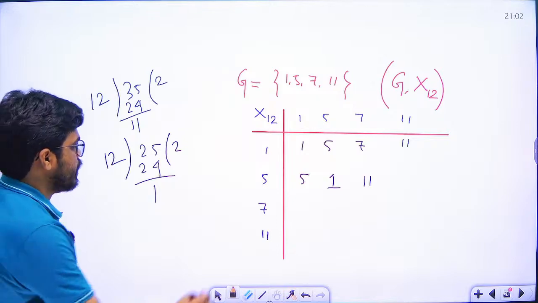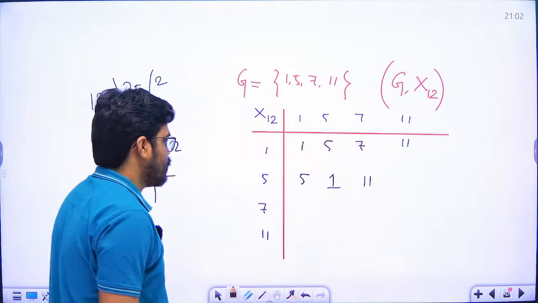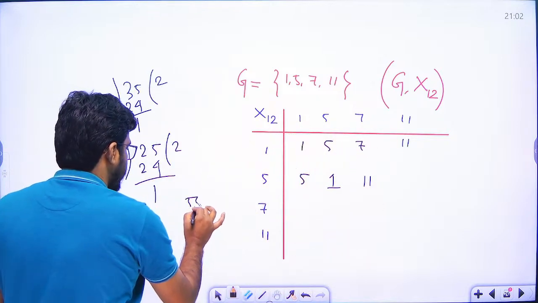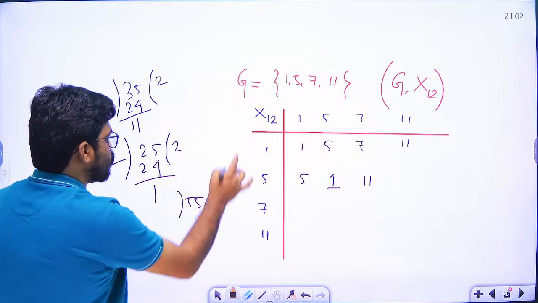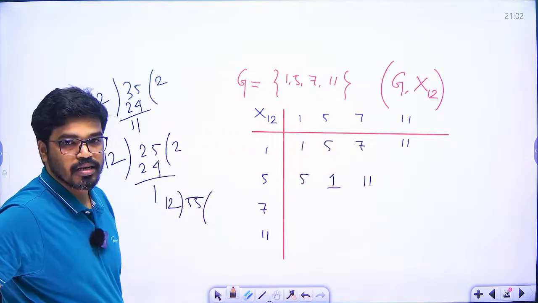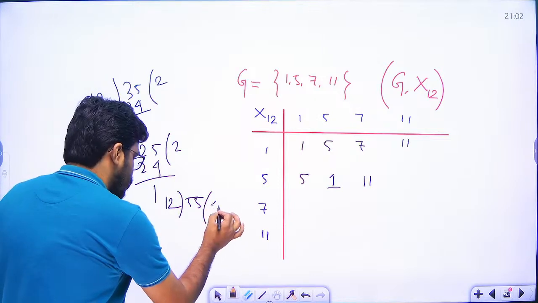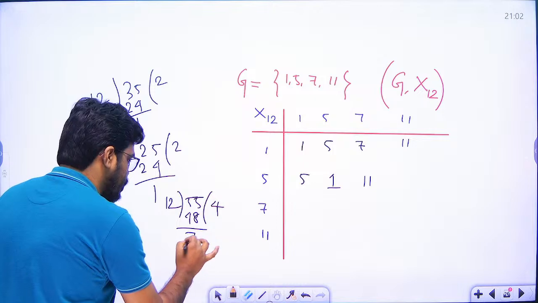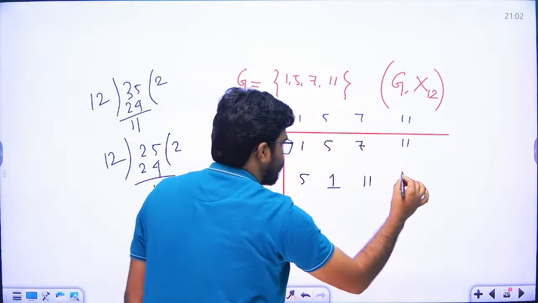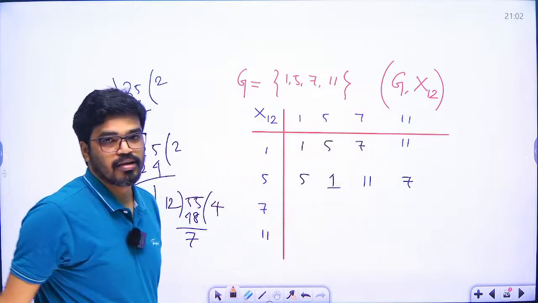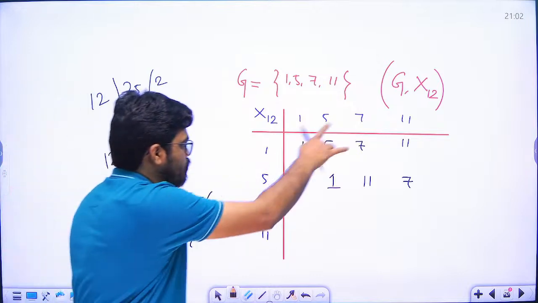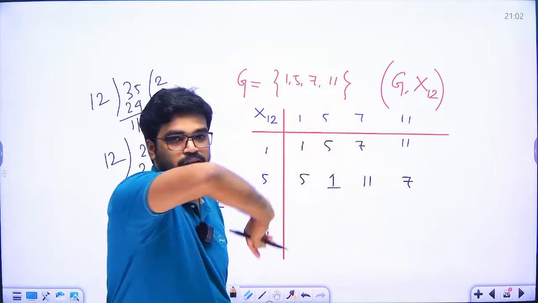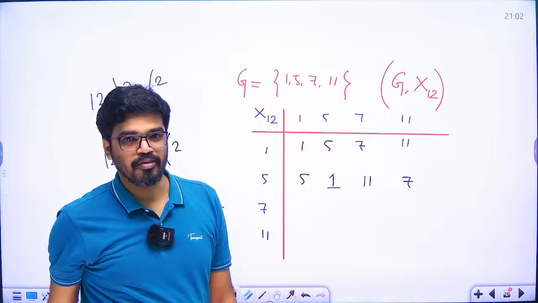Next, 5 into 11, 55. We divide 55 by 12. 4 twelves are 48, the remainder will be 7. So 5 into 11 is basically 7, not 55.